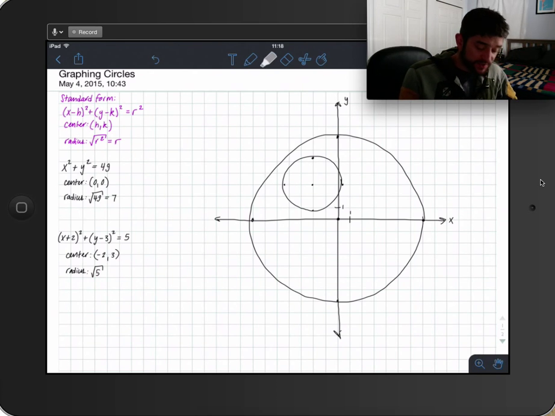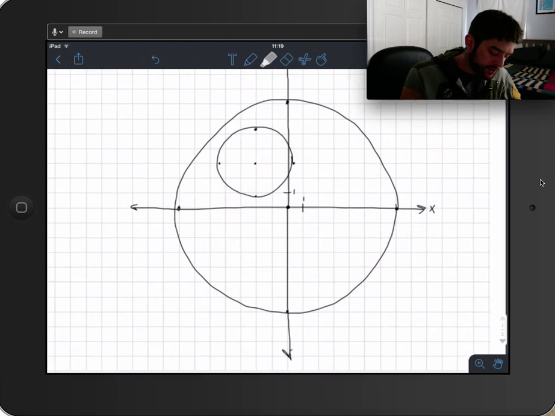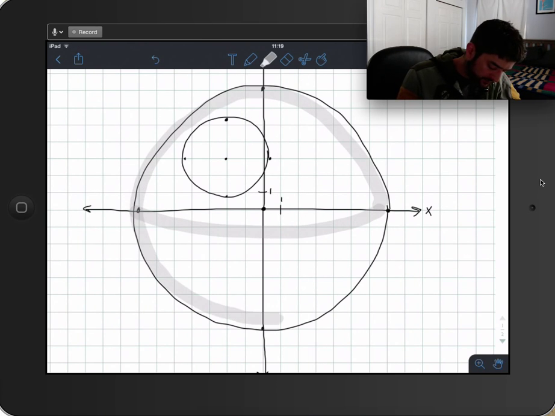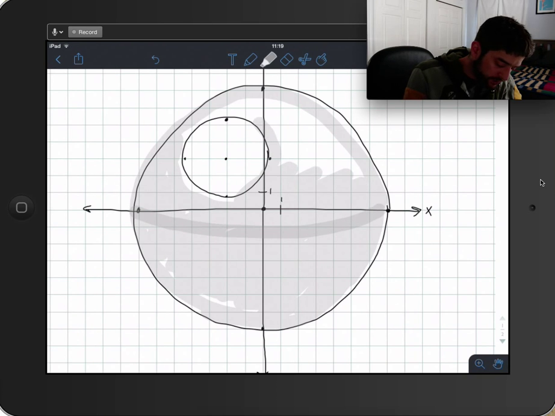Now, if you look at the standard form equation, you have x minus h squared plus y minus k squared equals r squared. You might have noticed that the equation of a circle in standard form looks very similar to the Pythagorean theorem, because it's something squared plus something squared equals something squared. And you would be right. The circle equation is related to the Pythagorean theorem, but it's more closely related to the distance formula.